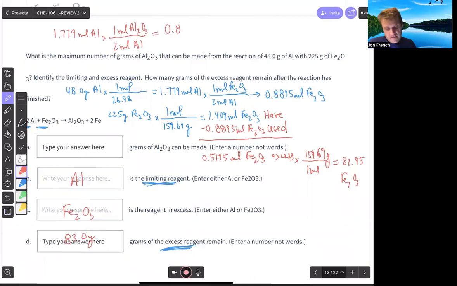That's my limiting amount, that's where the reaction stops, 0.8895 moles of aluminum oxide. Can't do anything with moles, I need to find mass. I bring in the molar mass, 101.96 grams per 1 mole, for about 90.69 grams of aluminum oxide.